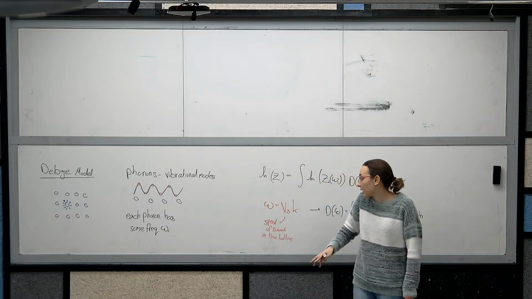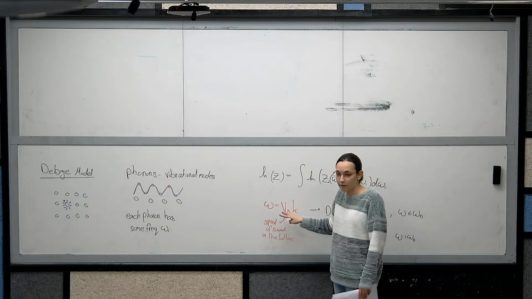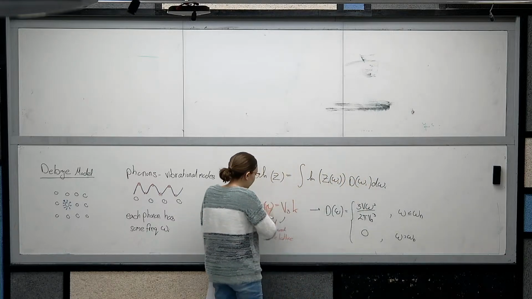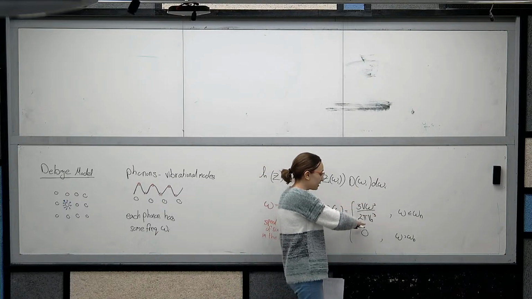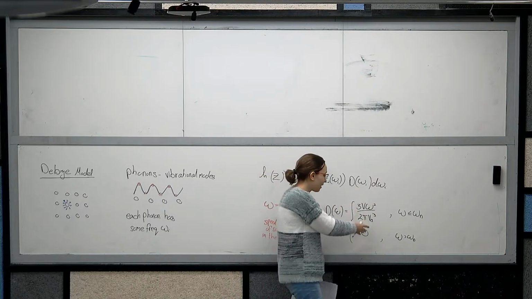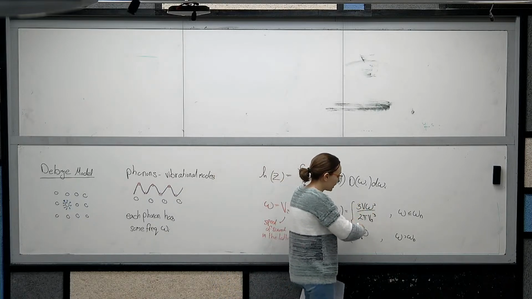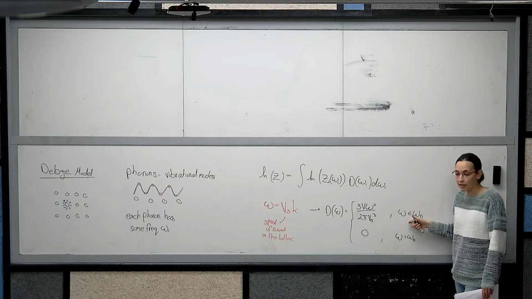We can have any other dispersion relation. This is the specific relation for the Debye model that gives us this density of states. We can have other relations that give us different densities of states, but still if we work in a lattice, we have this condition.